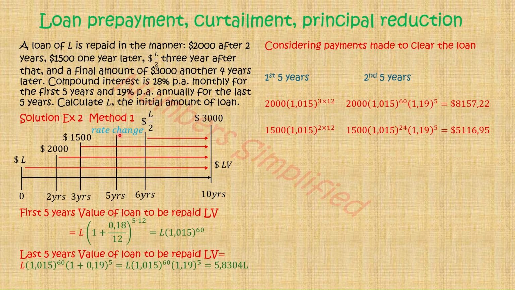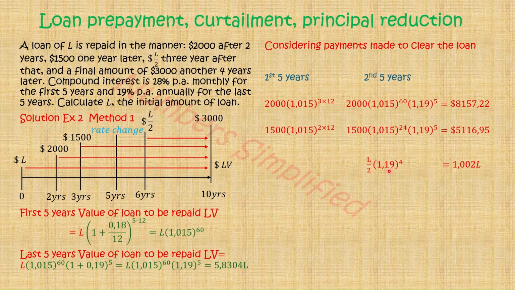So in the second 5 years, the payment that was made was L divided by 2. And because it was made in the 6th year, what was left was only 4 years into the period that was considered into the 10 years. So that would imply that we are going to have 1.19 raised to the power 4, the 4 years that were left.